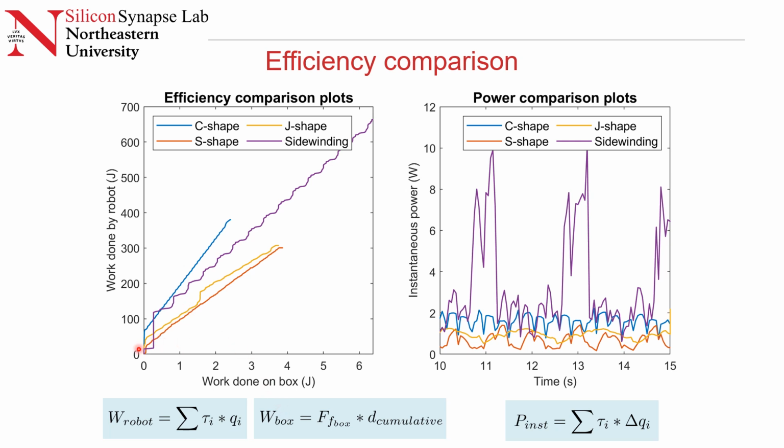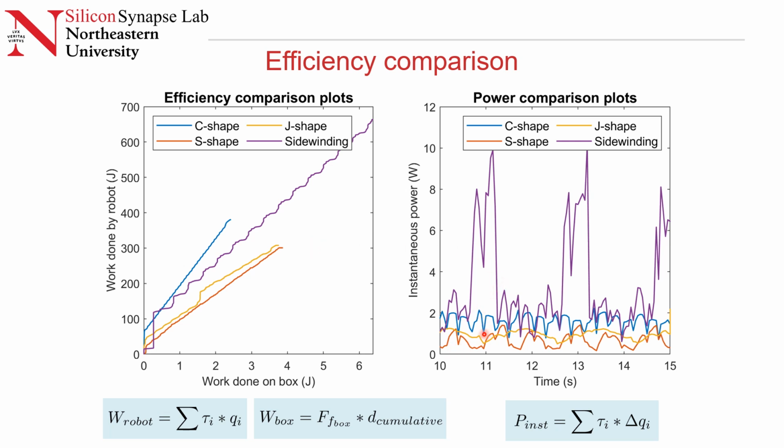And what we want to see ideally from a good loco-manipulation gait is that the work done by the robot is minimal while the work done on the box is maximal. So this S-shape lateral rolling gait appears to show the highest efficiency with this regard.